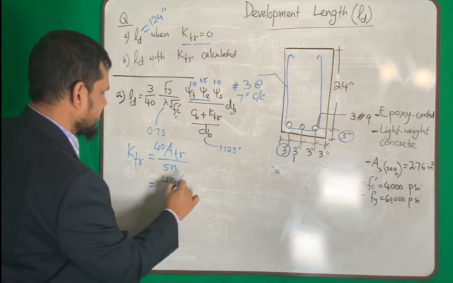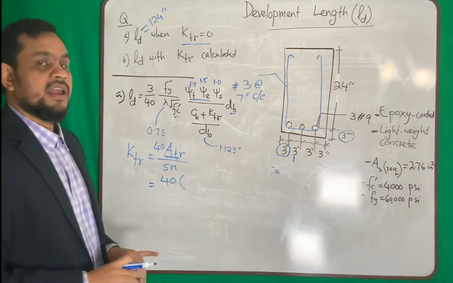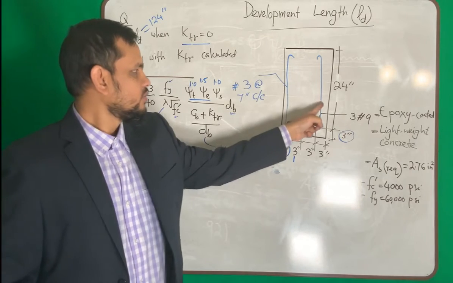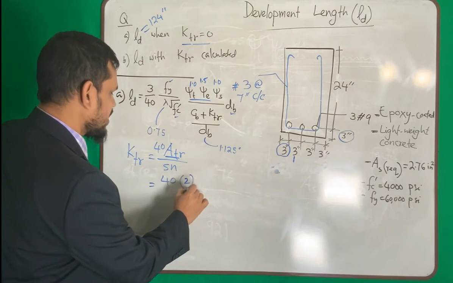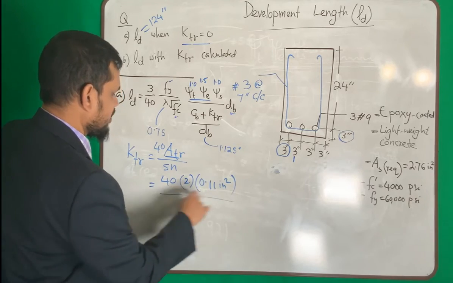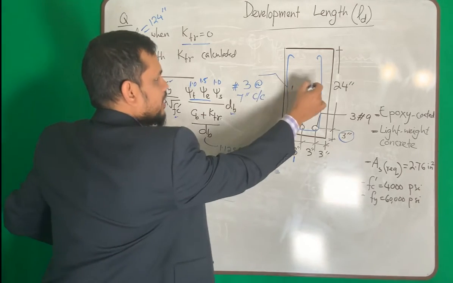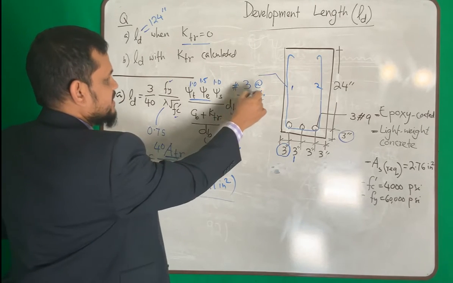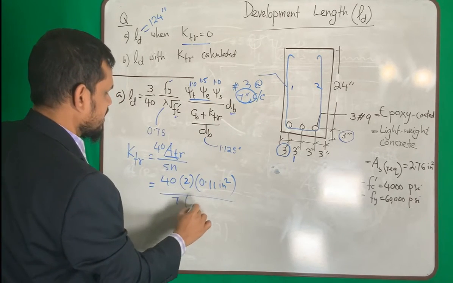So 40. What is the ATR? Area of the transverse reinforcement. It's number 3 bar, 1, 2. So 2 bars, each one is 0.11 inch square. Why is it 2? 1, 2. What is the spacing of the bar? Spacing is 7 inch.